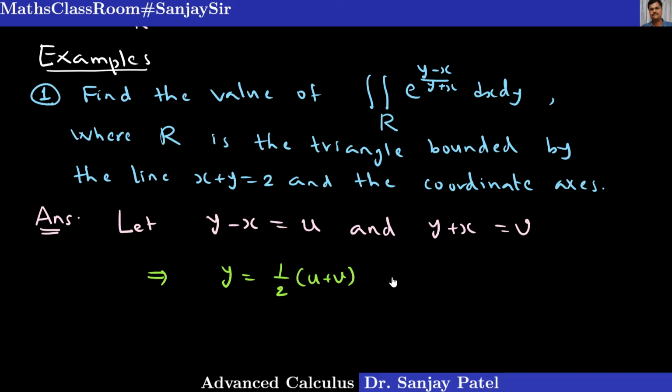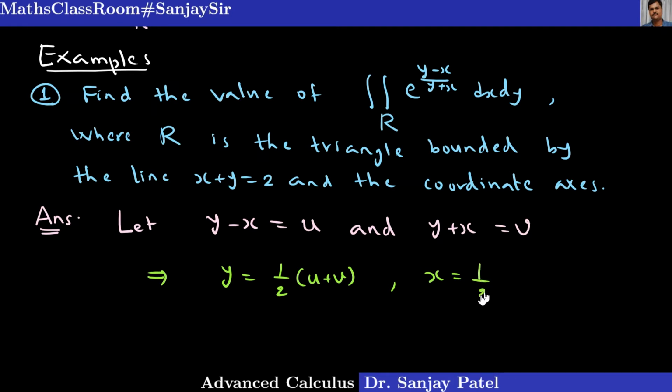Also, if I subtract, taking v minus u, what I will get is x minus x cancelled, so I will get plus 2x is equal to v minus u.